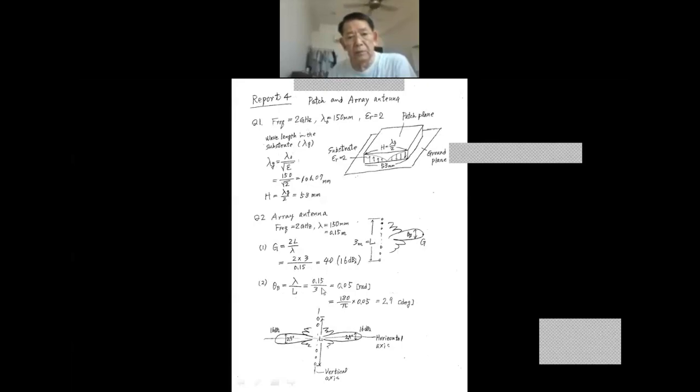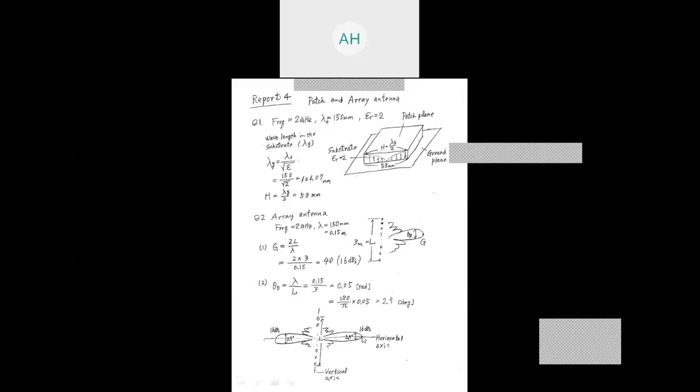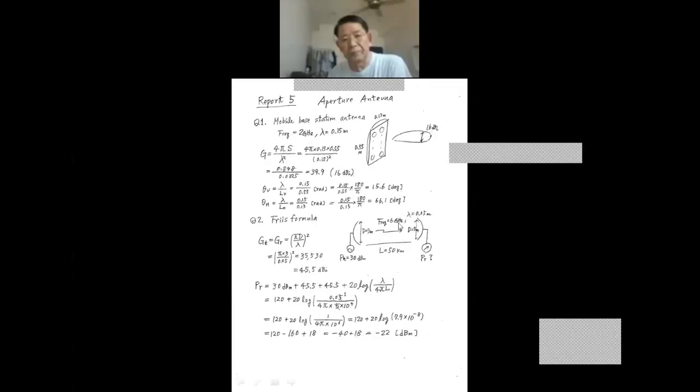The result becomes 40. The gain is the same. However, the beam is concentrated only on this axis, only one axis, not horizontal. This is all the horizontal. This is only this center axis.